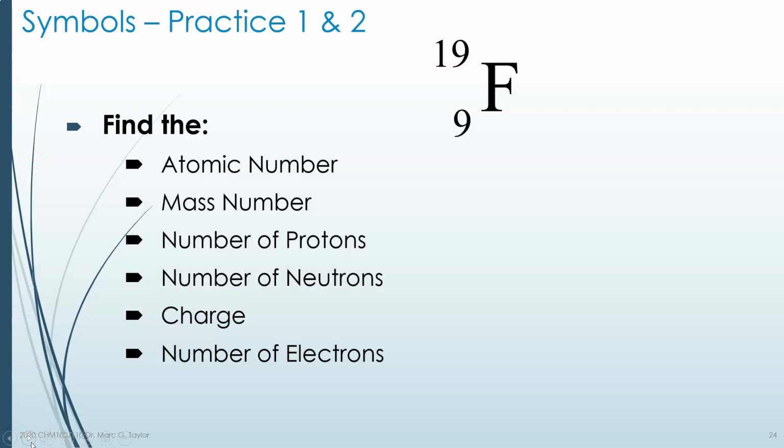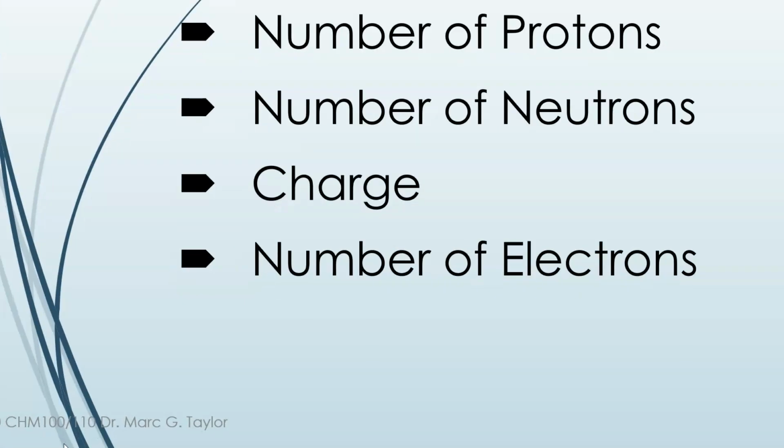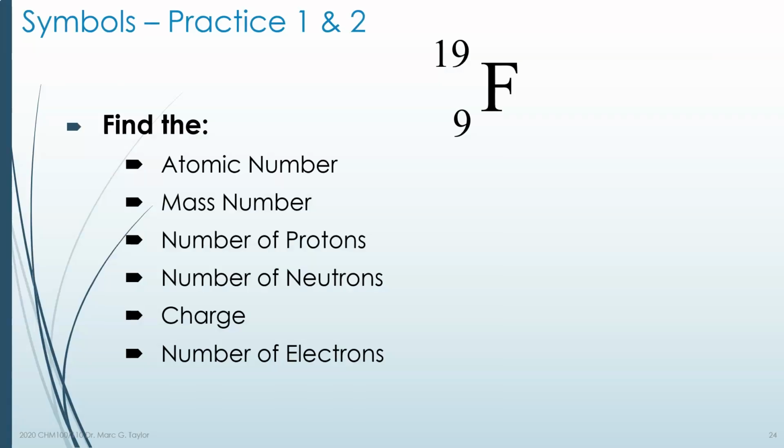So that would give us, and I'll write in these numbers. Let's try that again. We'll write these numbers in here. So we know that in this particular example, the atomic number is 9.